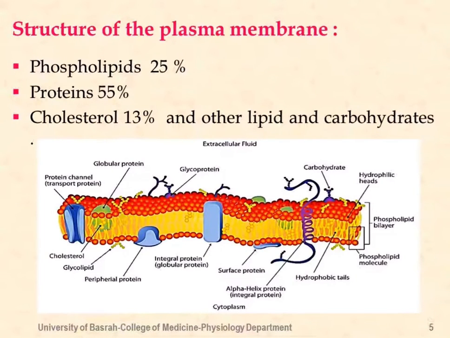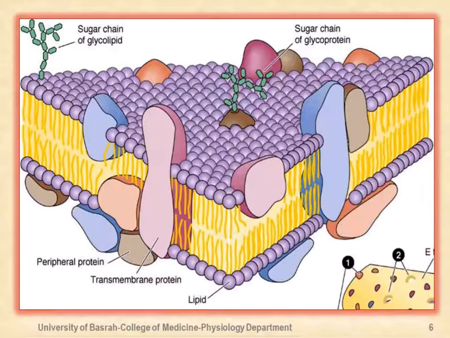Structure of the plasma membrane. First, the phospholipids, about 25%, proteins 55%, cholesterol 13%, and other lipids and also carbohydrates. This is a picture of the plasma membrane.